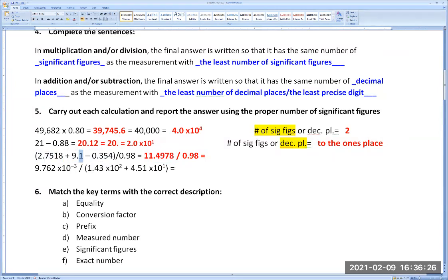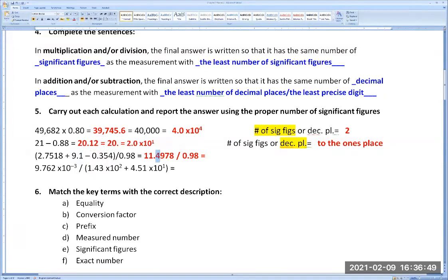In the second measurement, there is 1 decimal place. And in the third measurement, there are 3 decimal places. So the least number of decimal places is 1 from the 9.1. So that means the intermediate answer for this addition and subtraction needs to be kept to 1 decimal place.